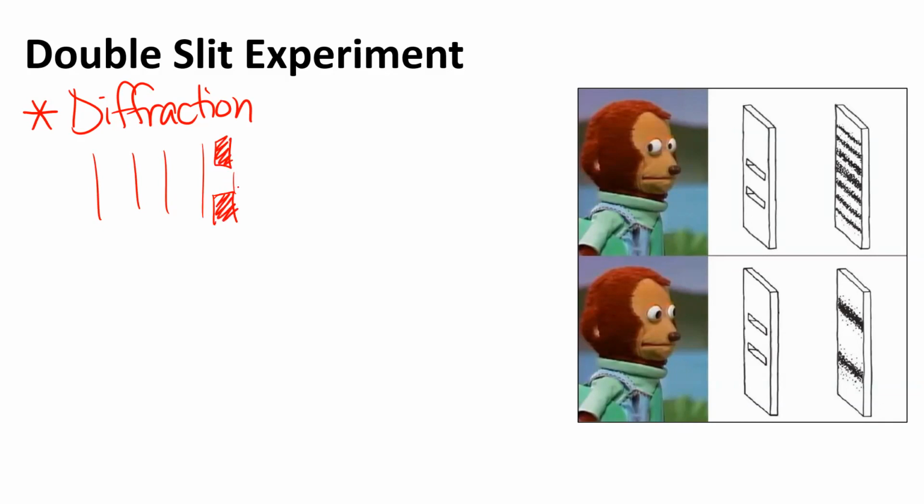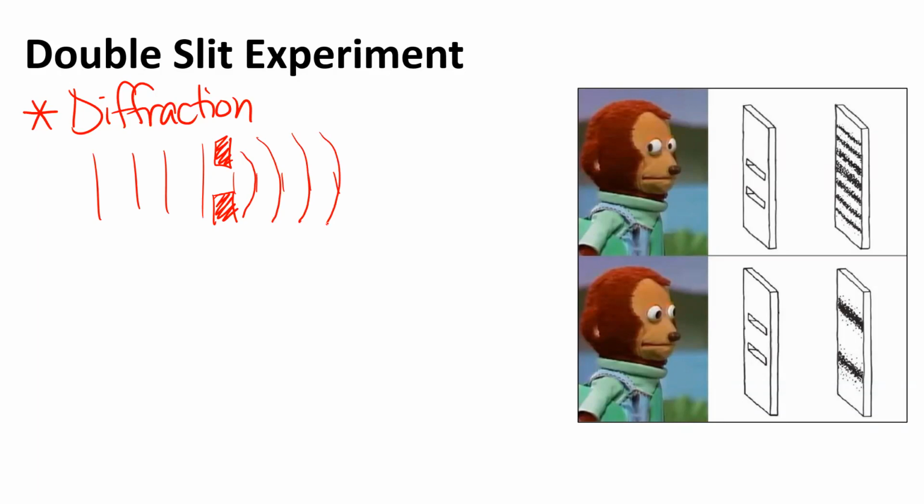When they go through, instead of creating perfect lines like this, like a particle would, it actually creates arcs like this. And it has to do with a change in speed as it's going through the opening around the edges of the barrier. And that's kind of where my picture over here talks about.